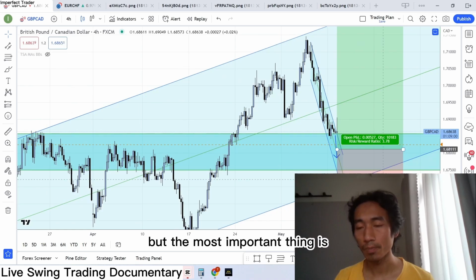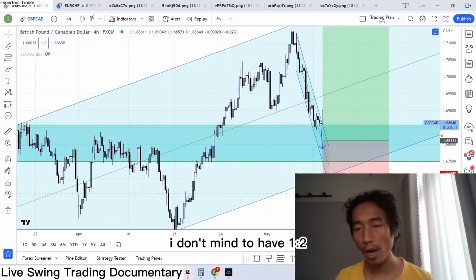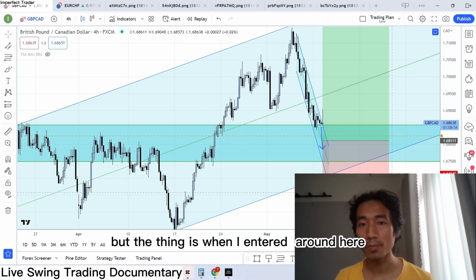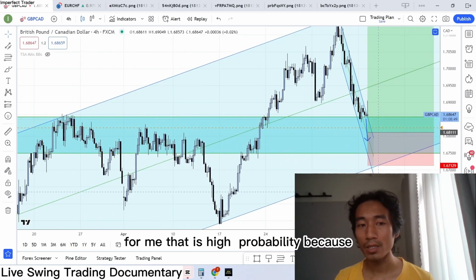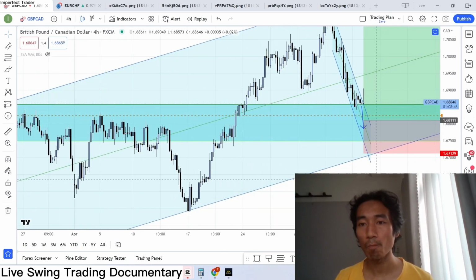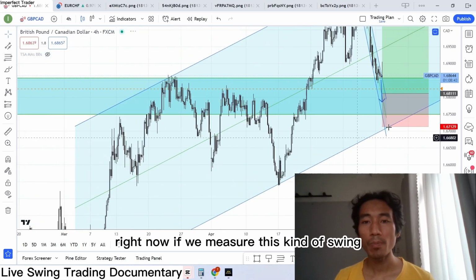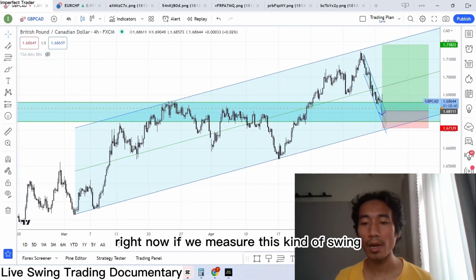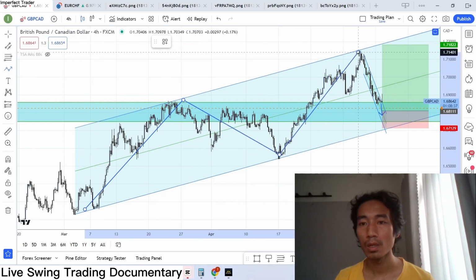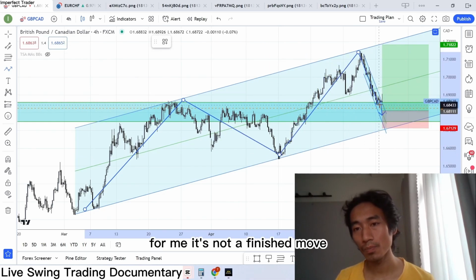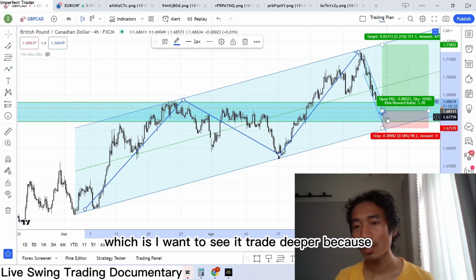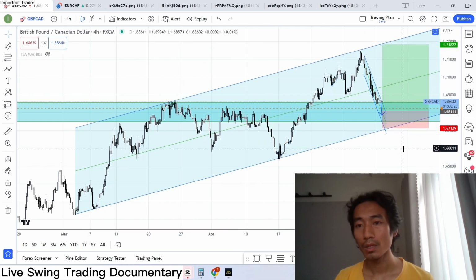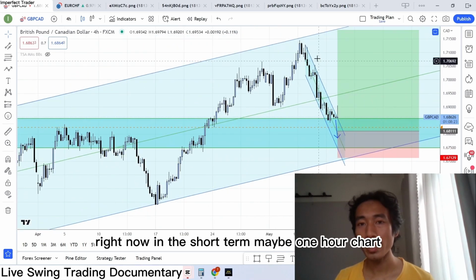But the most important thing is I don't mind having a 1 to 2. When I enter around here, for me that is high probability because right now, if we measure this kind of swing, for me this is not a move where I want to trade deeper, because right now in the short term, maybe on the 1 hour chart, it's still very weird.